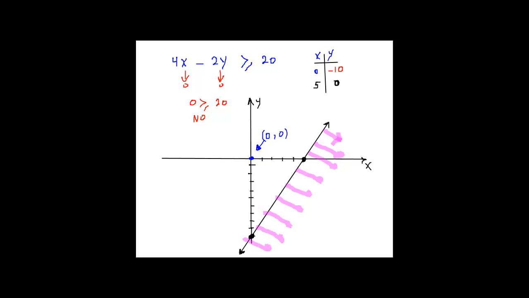So this area would be 4x minus 2y greater than 20. So obviously the other side must be 4x minus 2y less than 20, and the line itself would be 4x minus 2y is equal to 20. That would be the equation of the line itself.